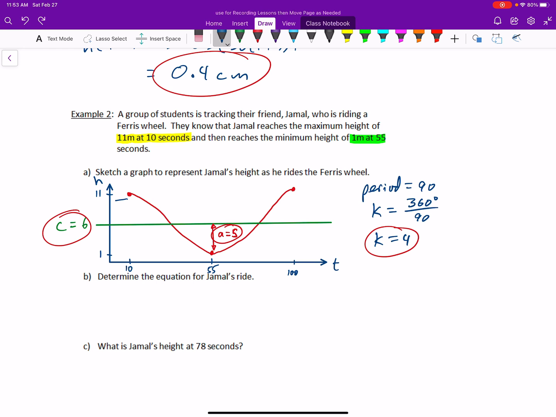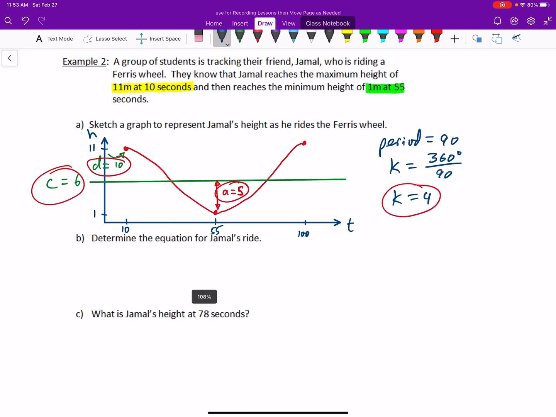And as far as cosine normally starts right on the axis of the curve, this particular one must have been shifted over by 10 seconds, right? Normally, cosine would have a d value of 0 for one starting on the axis. So d has to equal 10 in this case. That's the last missing variable to put in to get my equation.